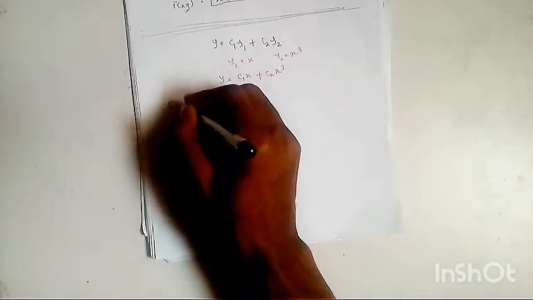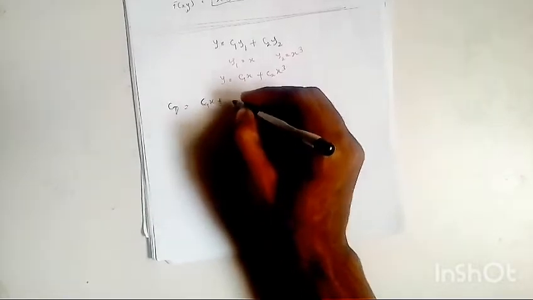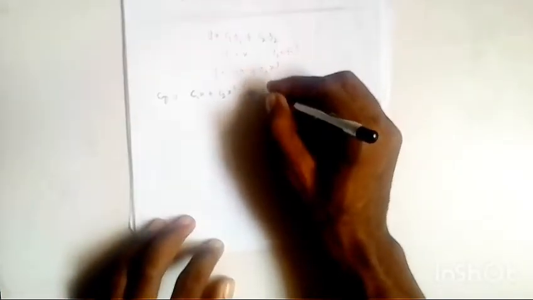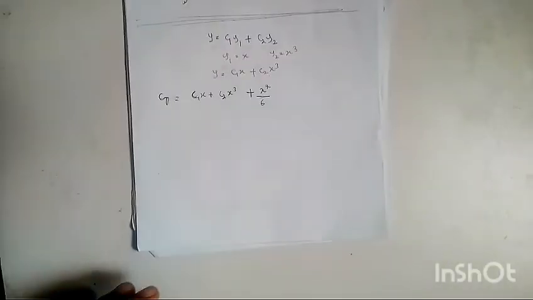So my general solution is now equal to my complementary function, c1x plus c2x raised to the power 3, plus my particular solution, x raised to the power 7 all over 6. So this here is my general solution using variation of parameters.